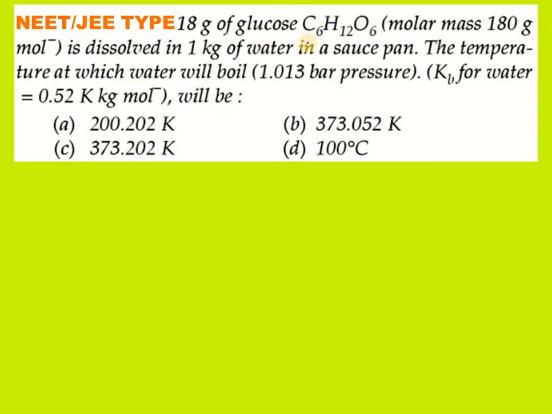Next, 18 grams of glucose, C6H12O6, molecular weight 180 grams per mole, is dissolved in 1 kilogram of water in a saucepan. The temperature at which water will boil is to be calculated, and the given pressure is 1.013 bar and the Kb value for water is given as 0.52 kilogram per mole.